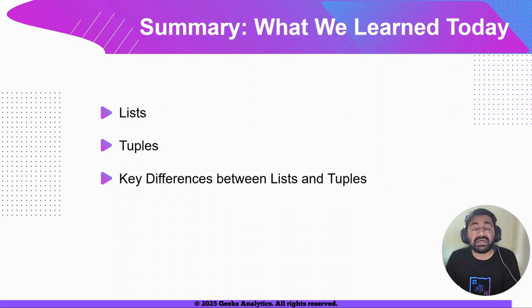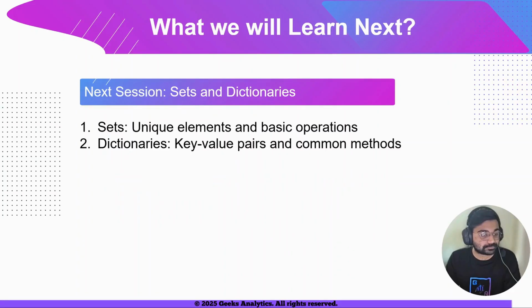When we are working with large data, if it is in the form of Excel or any other format, those formats are essentially a kind of list or tuple structure. So if you understand these structures, it is very useful in understanding different types of data structures as well.